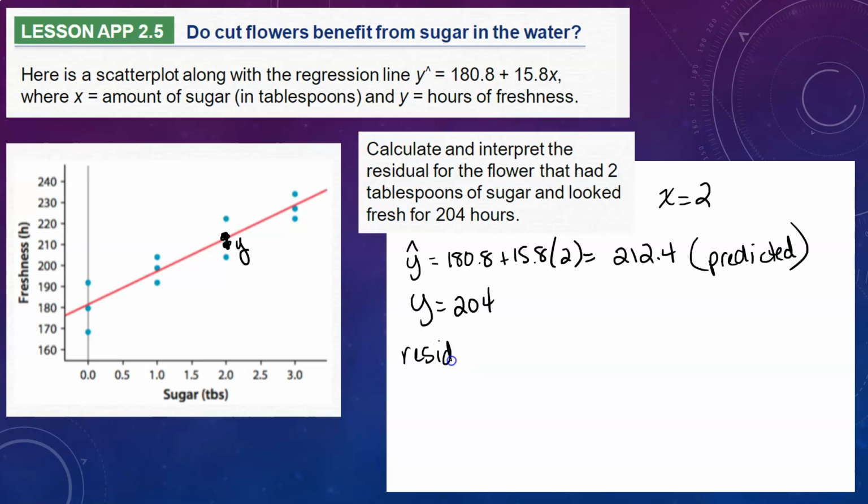Go ahead and look back at your formula for the residual and calculate that residual now. You should have used the formula y minus y hat. So that would have been 204 minus 212.4, which gives you negative 8.4. See if you can interpret that value now.